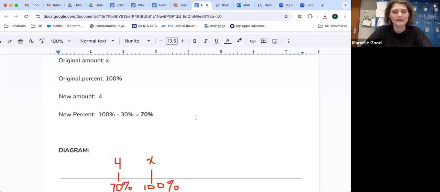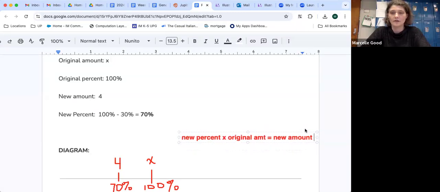I'm going to write this in text. The same idea applies for our equation. It's the new percent times the original amount is going to give us our new amount. Every time that can be the structure of the equation.